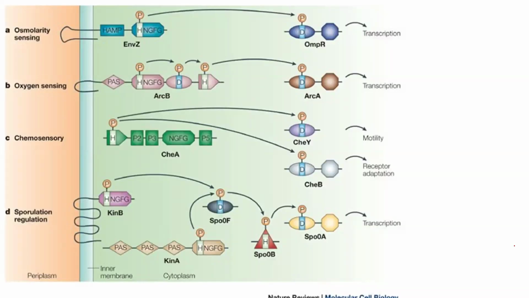And the ability to sense things inside of cells is vast, right? And it all depends on where you find those particular signaling molecules. So, for example, things like sporulation or chemotaxis and oxygen and osmotic sensing, there is a great deal of different molecules, but they all basically have some type of initiating signaling apparatus. So there has to be a signal receiving domain, and that receiving domain depends on where you find the thing.